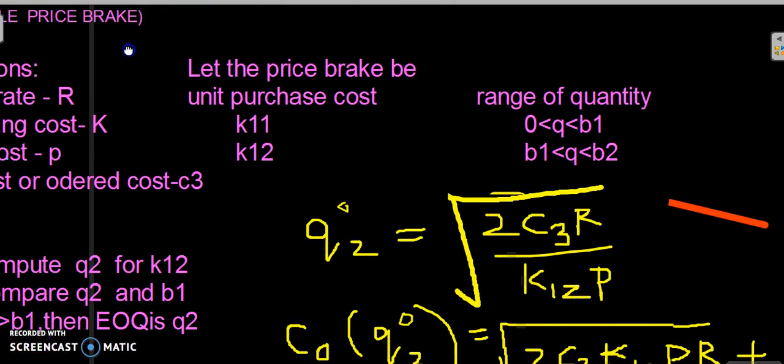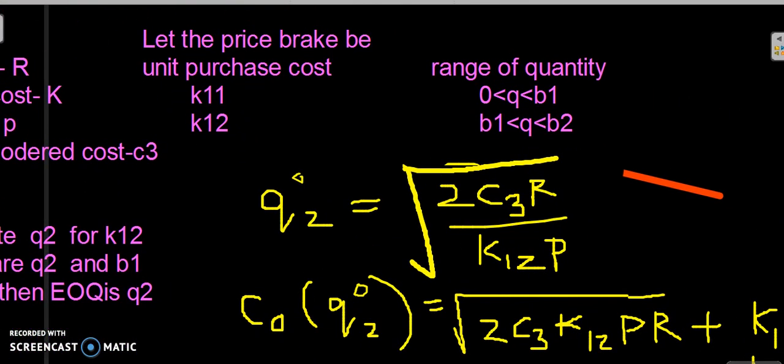What is the meaning of double price break? Look at this. If we buy any item in this particular limit, then the price break is K11. Now, if we buy a quantity between these two limits, then this would be the price break.